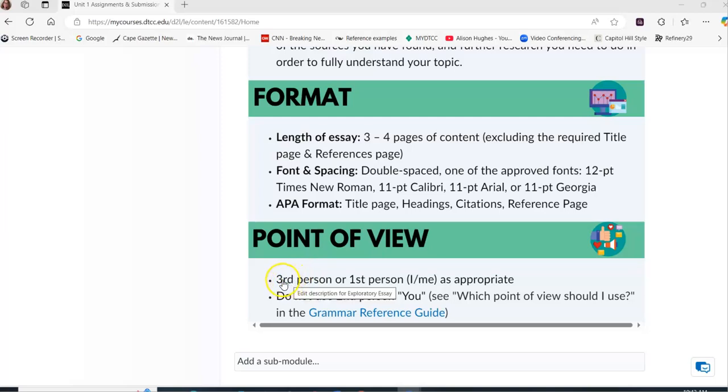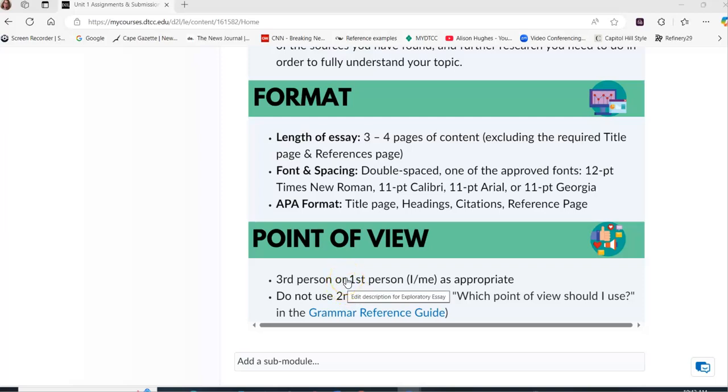Please use third-person point of view when you are summarizing, when you are evaluating. Summaries should never, ever, ever be written in the first person because you are really just telling us what the author said. So that has to be the third-person point of view. When you're doing your evaluation paragraphs, maybe you'll have some first person, maybe your evaluation is third person.